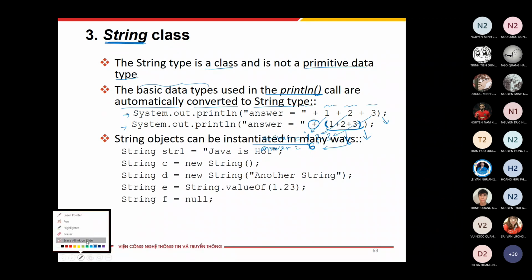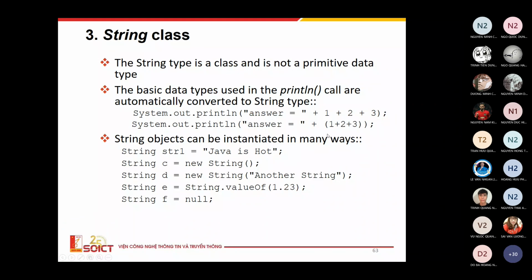And we have many ways to initialize a string. Firstly, the first one you have seen many times in your exercises and examples: you use this symbol to represent the string. But when you know that String is a class, you can use this syntax, the same as with other objects.